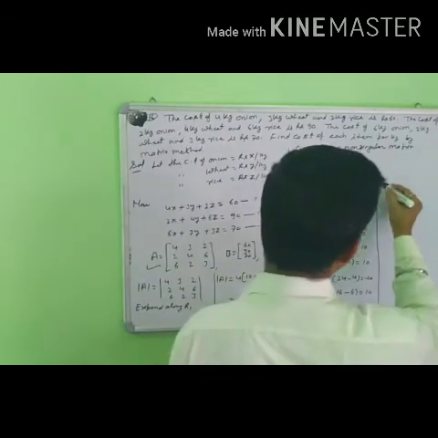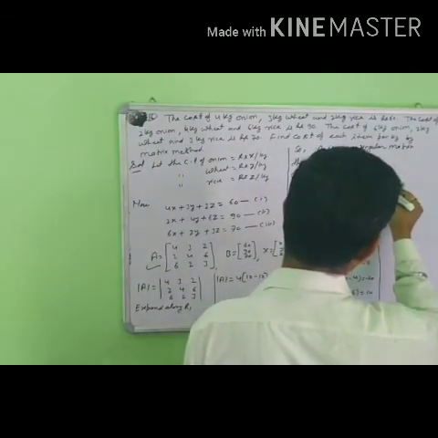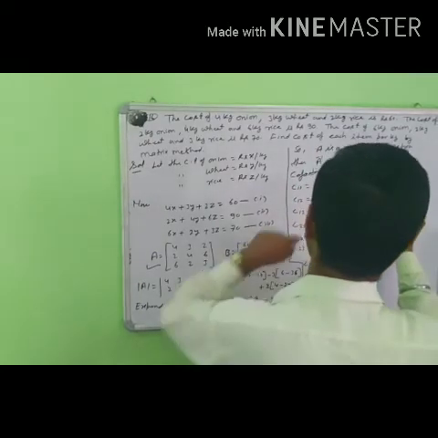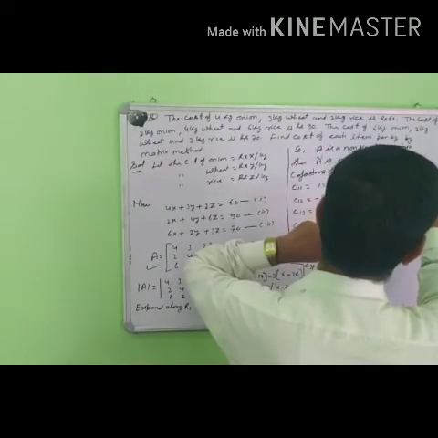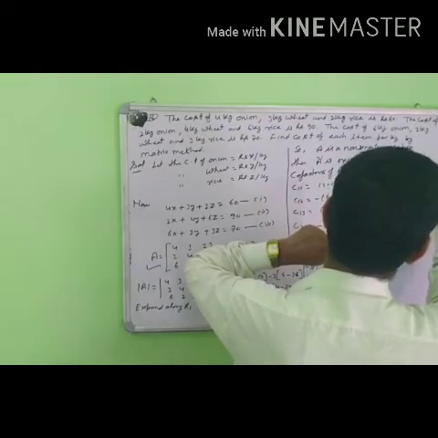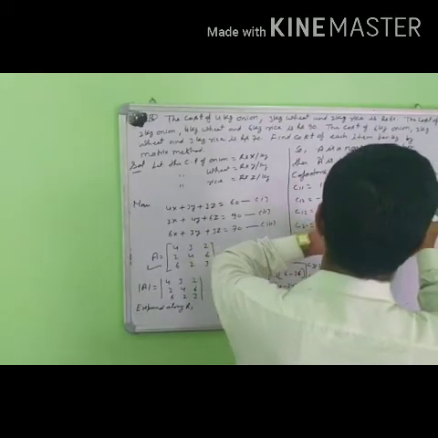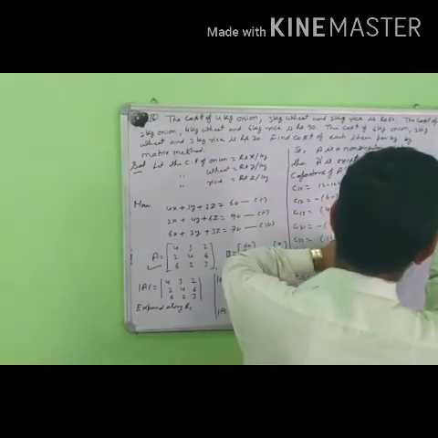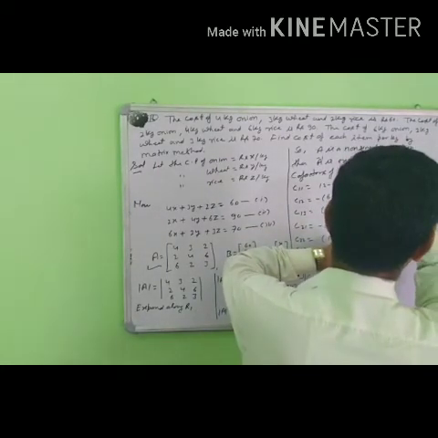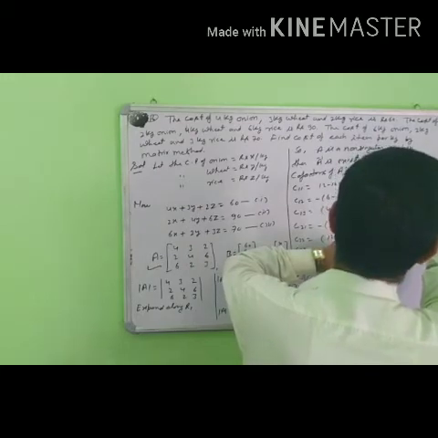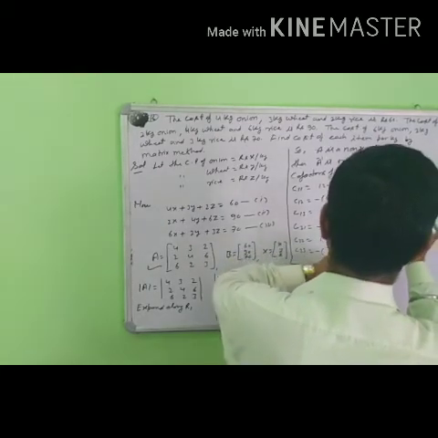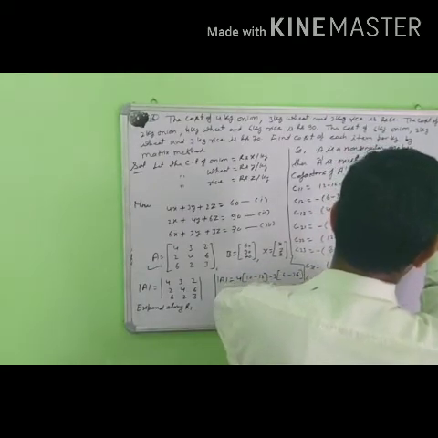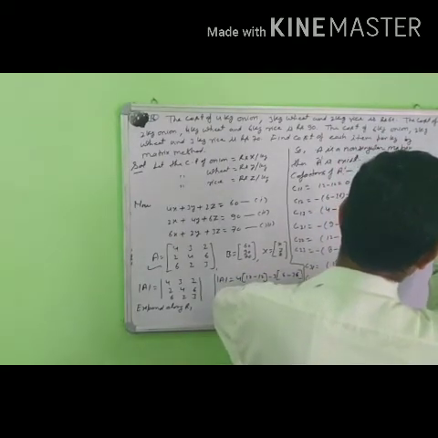Now you will write here adjoint A equals, and write this way: 0, 30, minus 20; second row minus 5, 0, 10; next 10, minus 20 and 10; and you will take the transpose of this.